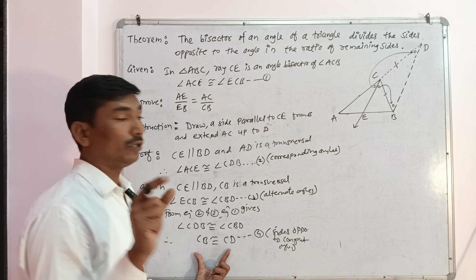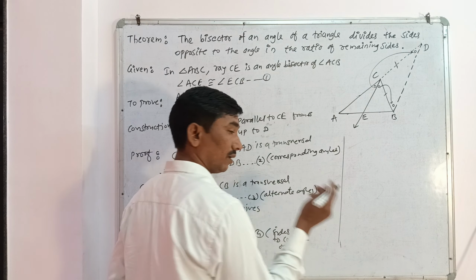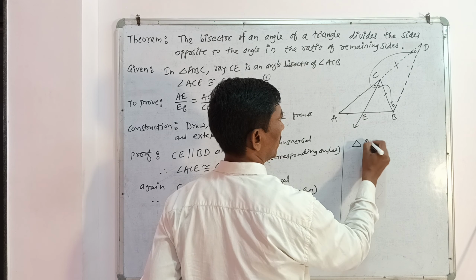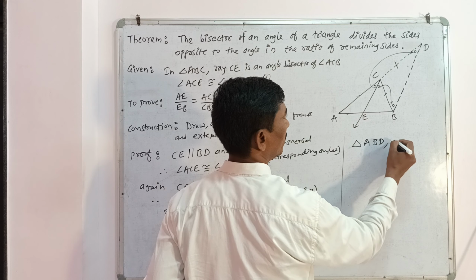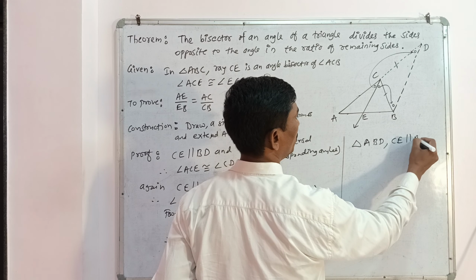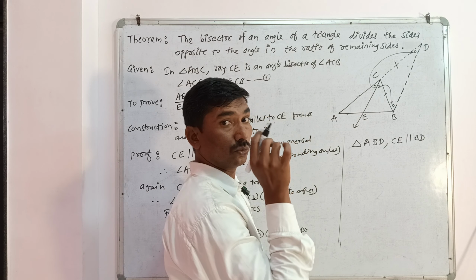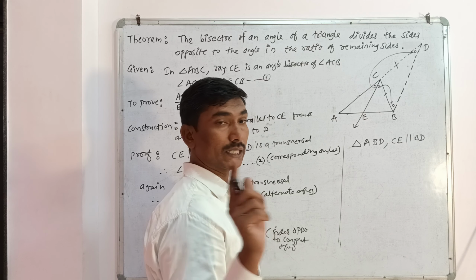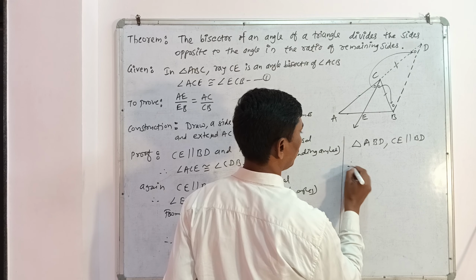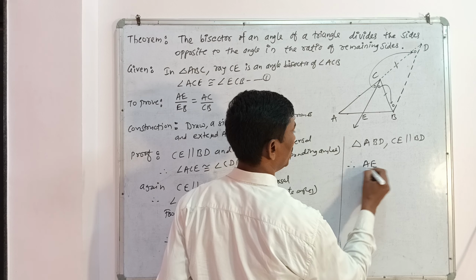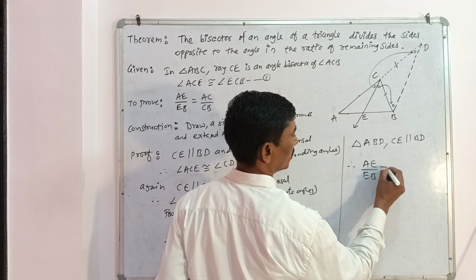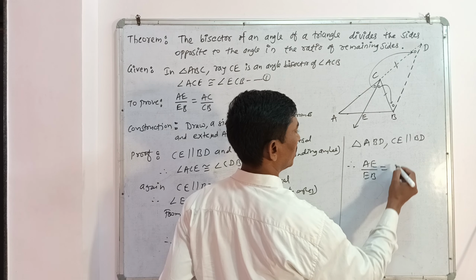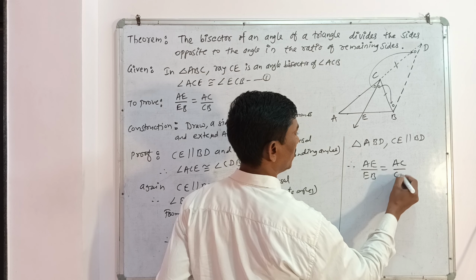So again you will have to use that BPT in this triangle. So in triangle ABD, EC is parallel to BD. So in any triangle, if a line is parallel to one of the sides, then what we can write is AE by EB, that is ratio of this side, must be equal to ratio of this side. It is equal to AC by CD.